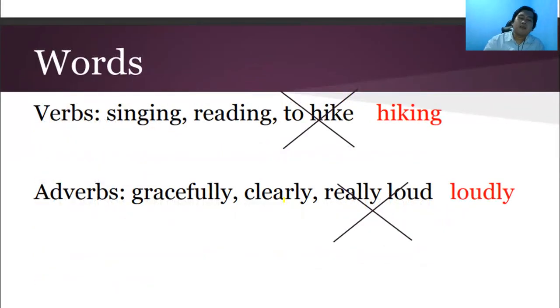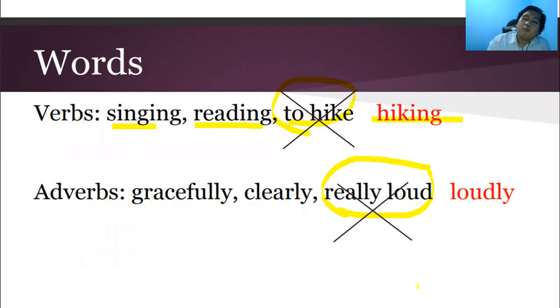If you want to make this group of words parallel structures, we must use the correct form of this word, which is hiking, and this one, loudly. So we will read it: singing, reading, hiking, which all end with ing.